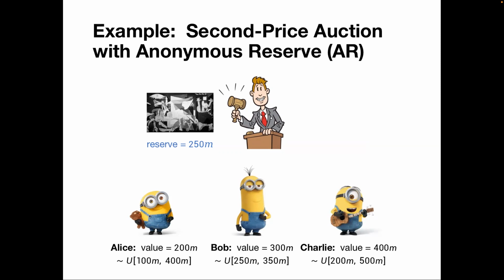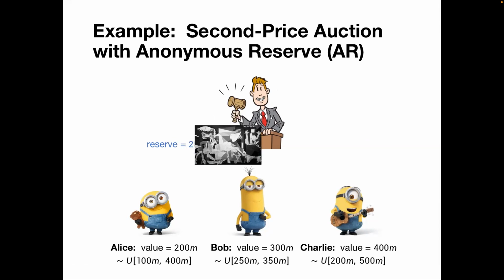Alice has a random value drawn from the uniform distribution between 100 million and 400 million, and suppose her outcome value is 200 million. Bob also has a uniform distribution, and the outcome value is 300 million, and suppose Charlie also has a uniform random value, and the outcome value is 400 million.